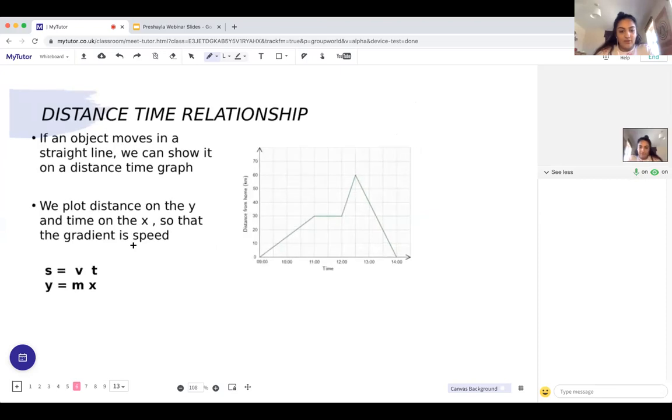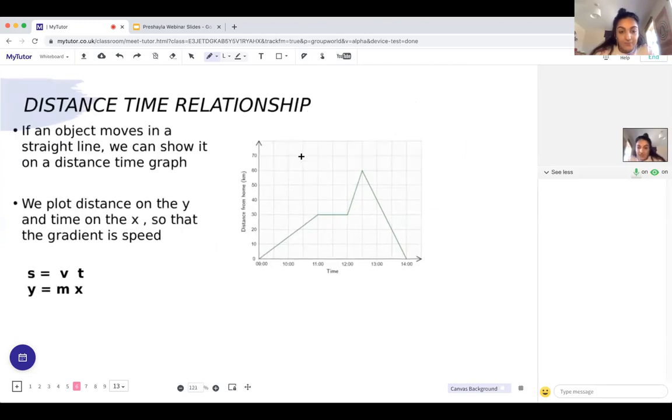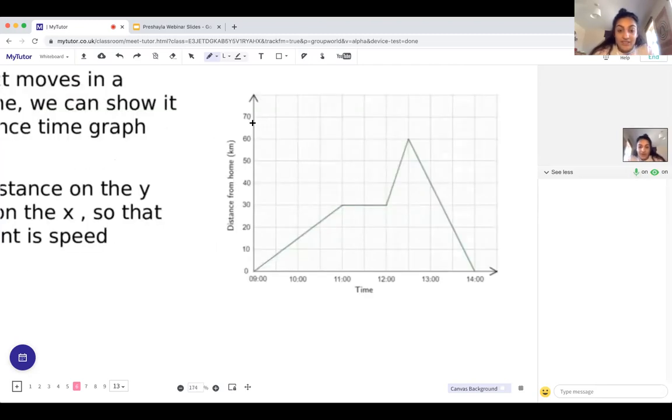Okay, so moving on to distance time graphs. You may have seen these before, but it's basically a graph of distance against time. We plot distance on the y-axis, as you can see here. And this specific graph is in kilometers.